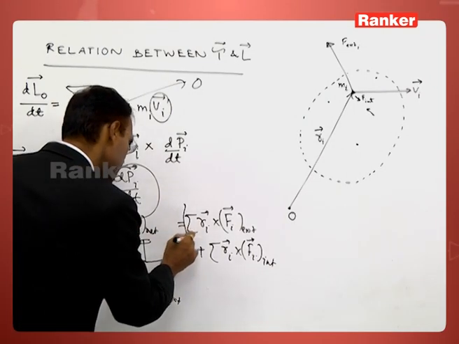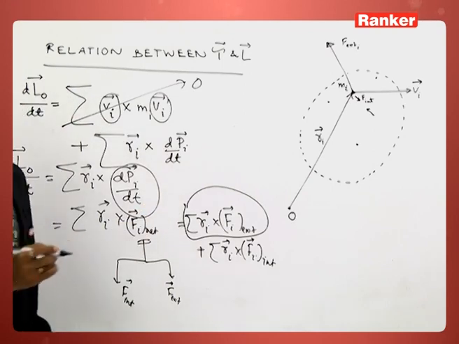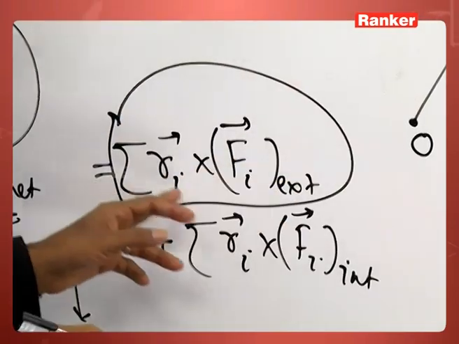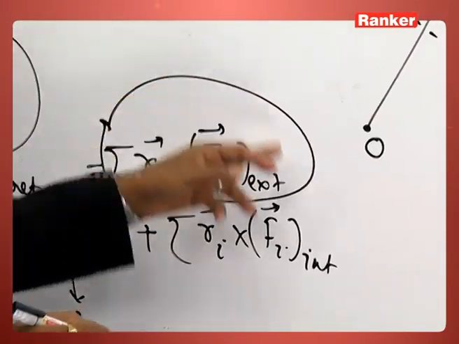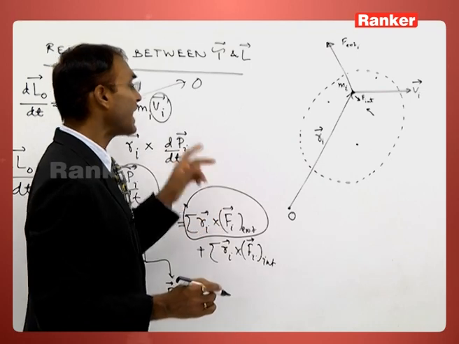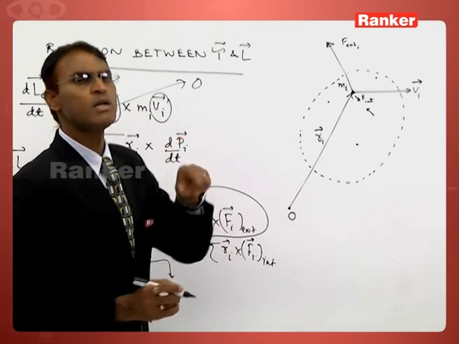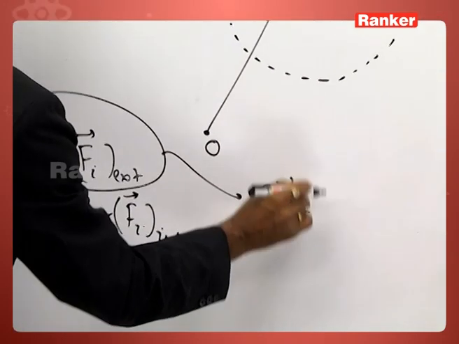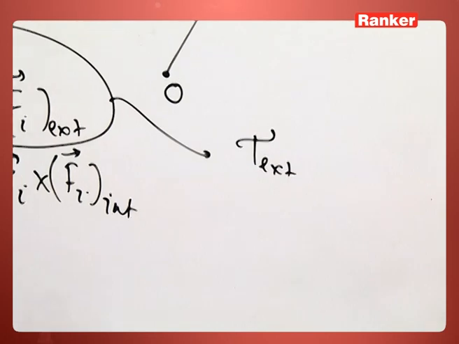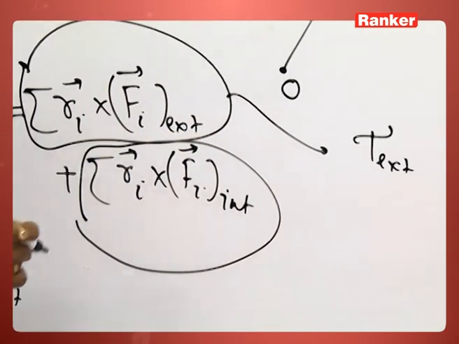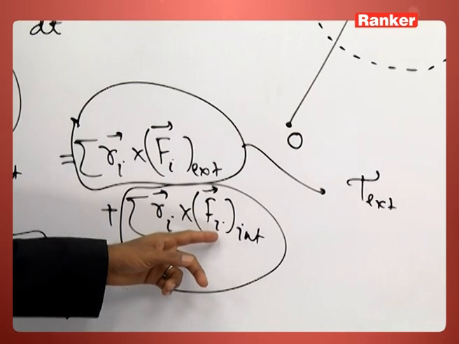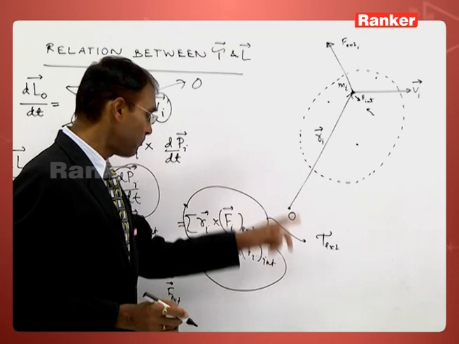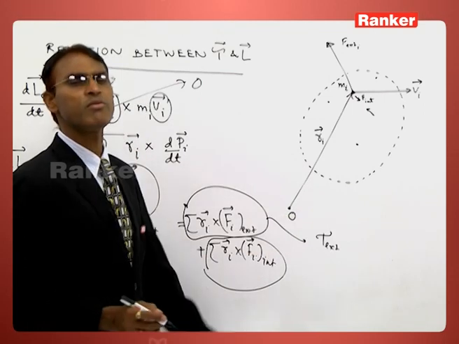And this term is none other than the external torque. This is the torque acting on ith particle, and this is the sum. Sum of torques experienced by all particles due to the external forces can be written as external torque. And this second factor gives us the sum of the torque experienced by all particles due to the internal forces.